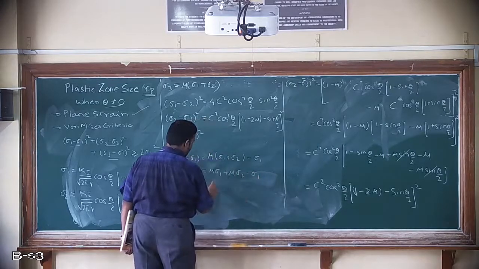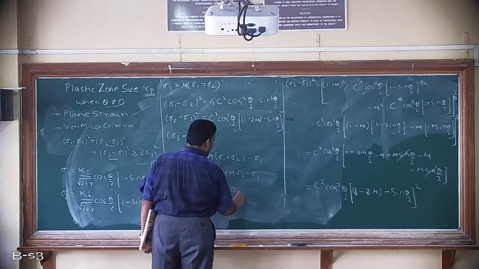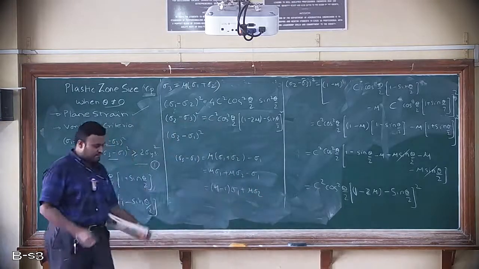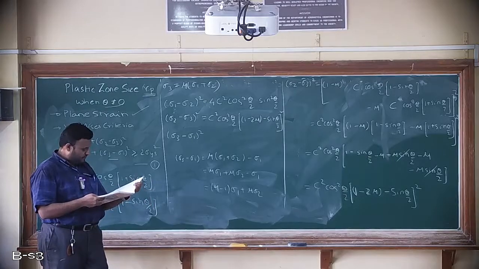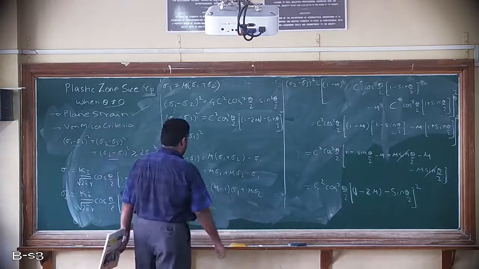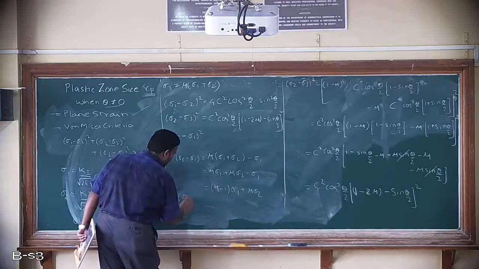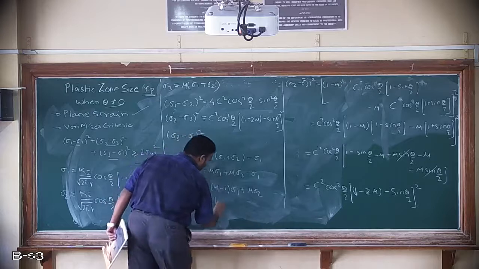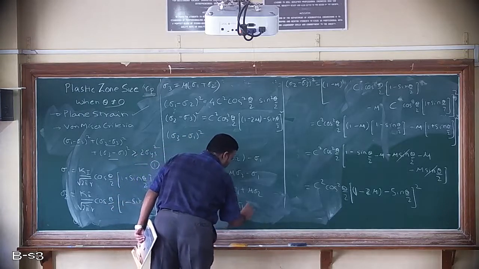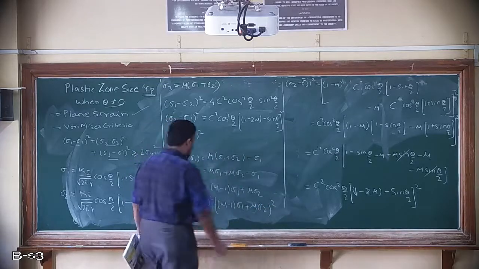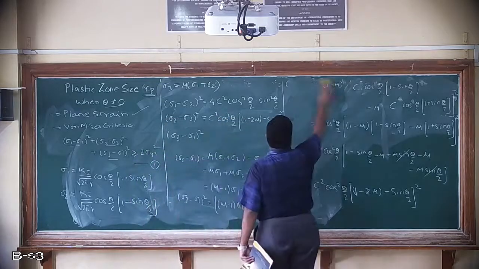So I can write this as mu minus 1 sigma 1 plus mu times sigma 2. Do you agree with this? So now I shall substitute for this. Sigma 3 minus sigma 1 the whole square will be nothing but mu minus 1 sigma 1 plus mu times sigma 2 the whole square. So I shall substitute these values over here.